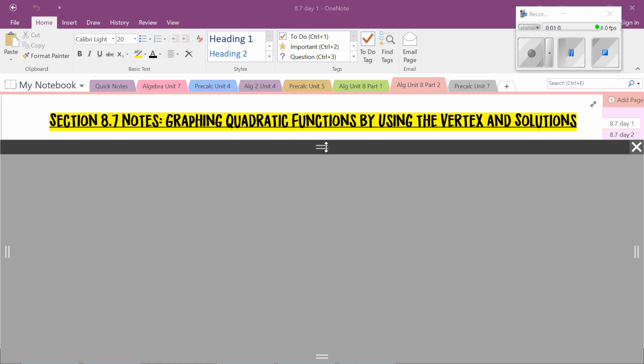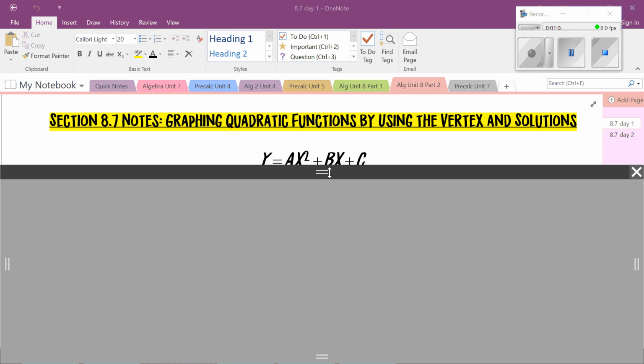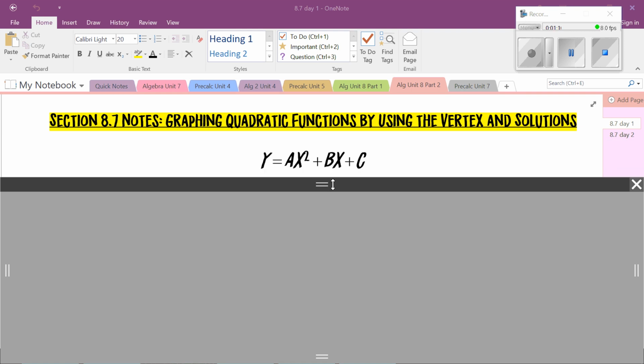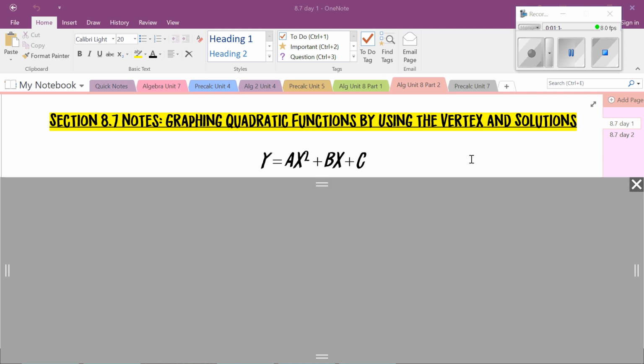Do you guys remember what standard form looks like? Okay, if you don't, go ahead and write this down. Standard form is when you've got ax squared plus bx plus c.